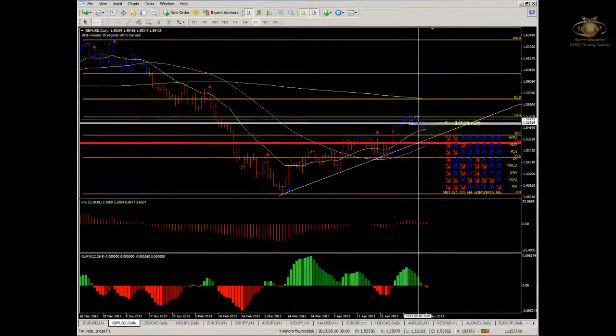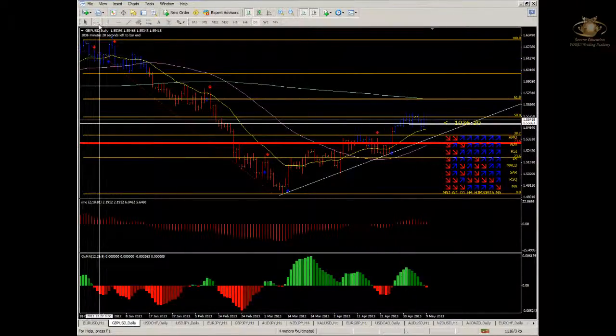But as long as it maintains above this area here, this major red line, and you can see it's still swinging higher, the trend line you can quite clearly see swing high. So if it consolidates in this area here, it's not really a problem, because it's still looking positive, because we're still making higher highs, which is the most important thing.